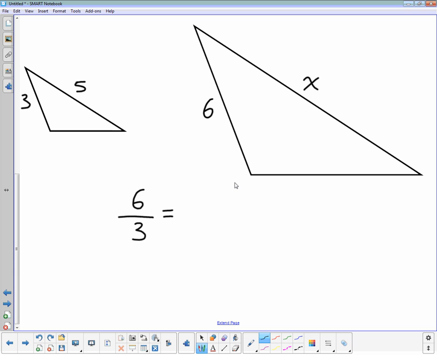So if the ratio of 6 to 3 is 2, then the ratio of x to 5 should also be 2. Cross multiply and solve. This is why we practice the cross multiplication. And you should get what you expect.